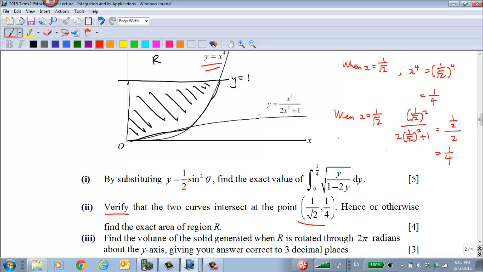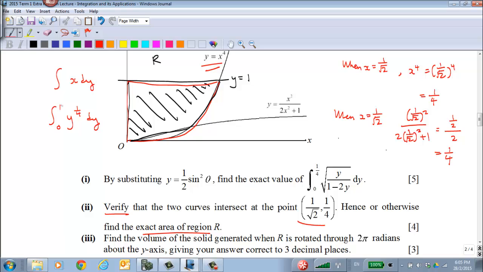Okay, then after this, we need to find the exact area of the region R. Now, how to find this region R, if you can see it, is that I'm going to use this curve here, the curve bounded by this first particular thing, by using x dy. So take note that the very first thing I will do is something like this, from 0 to 1.